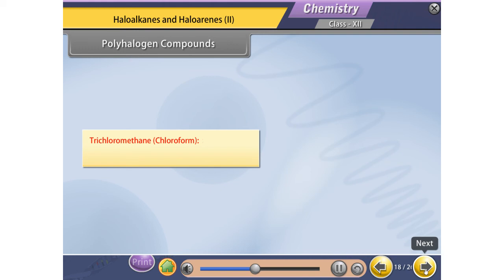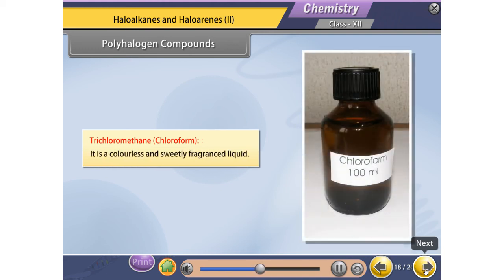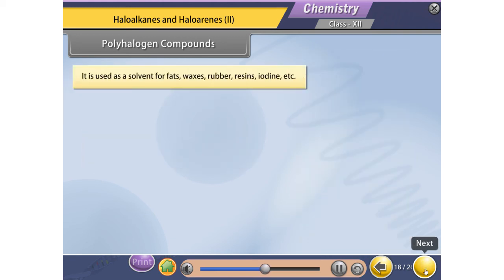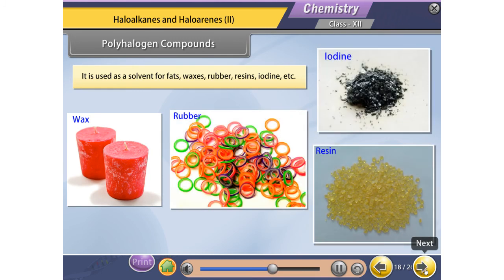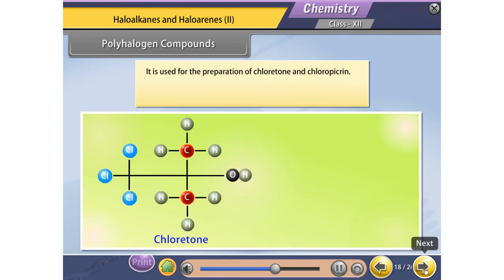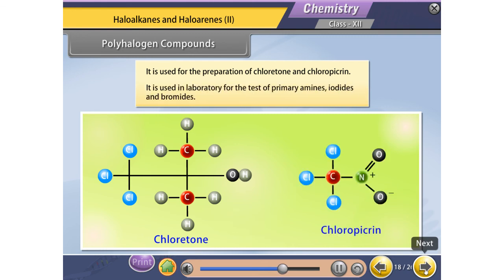Trichloromethane, chloroform. It is a colorless, sweetly fragranced liquid. It is used as a solvent for fats, waxes, rubber, resins, iodine, etc. It is used for the preparation of chloretone and chloropicrin. It is used in laboratory for the test of primary amines, iodides, and bromides.